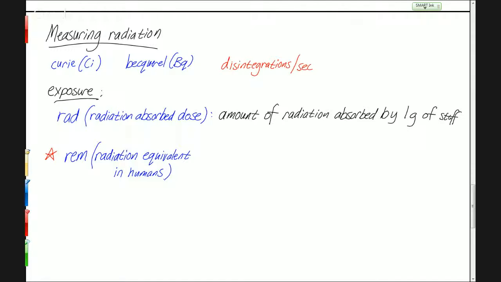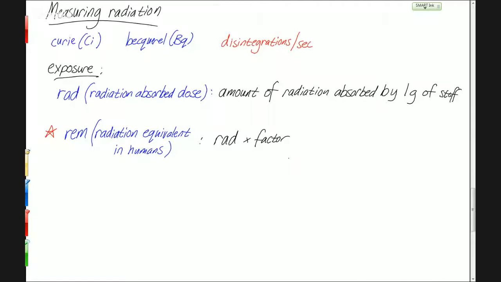In other words, not just how much is absorbed by a gram of stuff, but how much would this affect a human if it were absorbed. And to calculate that, we take the rad and we multiply it by a particular factor depending on the type of radiation used.